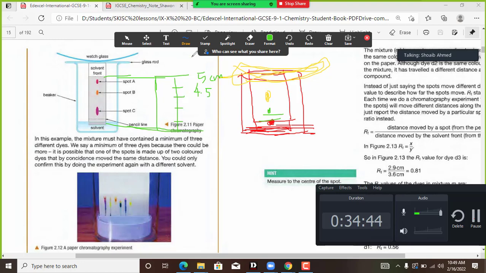Spot B, what will be around, this is 3, this is 4, what will it be?